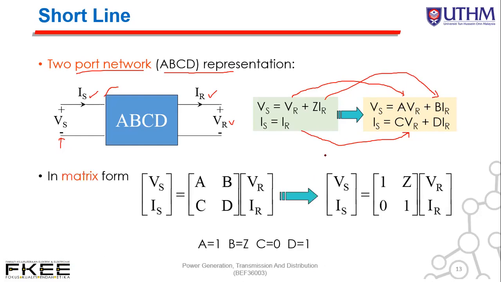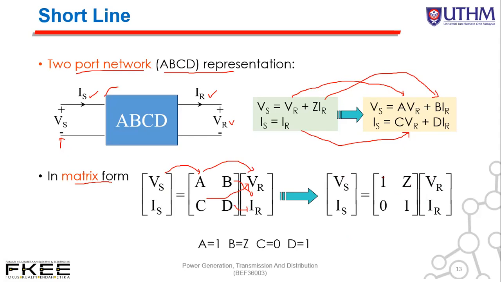So we convert it into matrix form. Vs equal to AVR plus BIR, and Is is equal to CVR plus DIR. So we get VS, IS equal to the matrix [1, Z; 0, 1] times VR, IR.